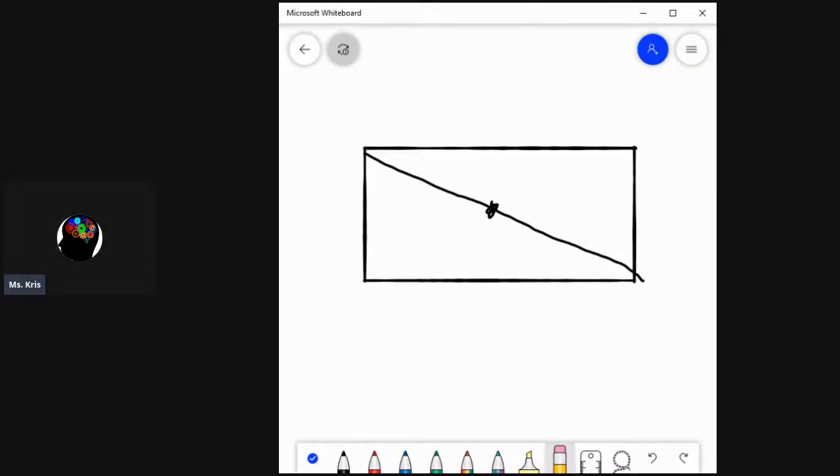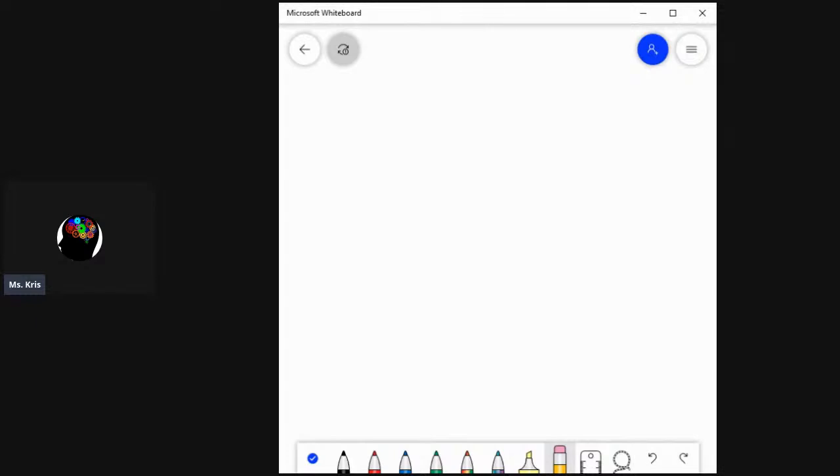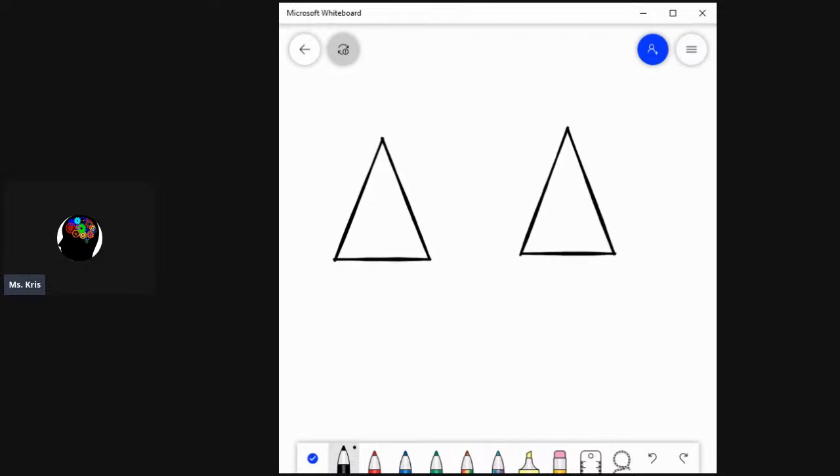Now, at any given moment, you will have symmetry and you will have different things going on a graph. Typically, if you have a triangle, and you draw another triangle, there are different things that can happen with that triangle.